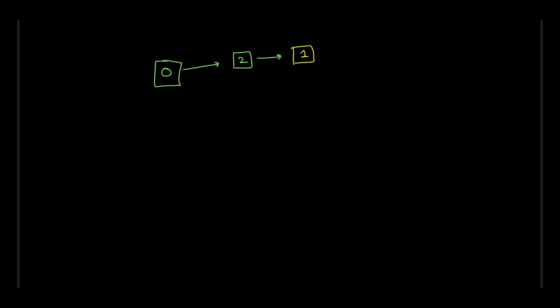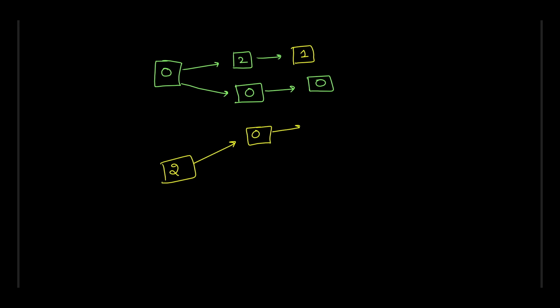And what happens when 0 combines with 0 itself? It produces 0. Now what about the case for 2? When 2 combines with 0, it produces 1. And when 2 combines with 2, it produces 2.